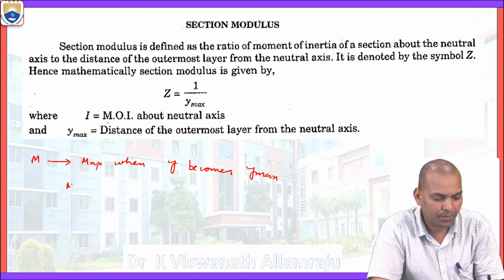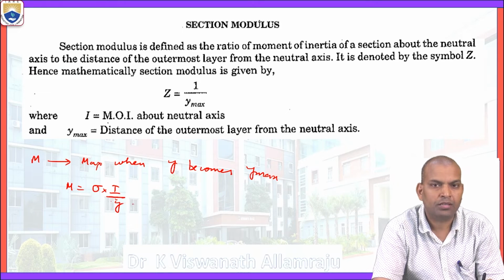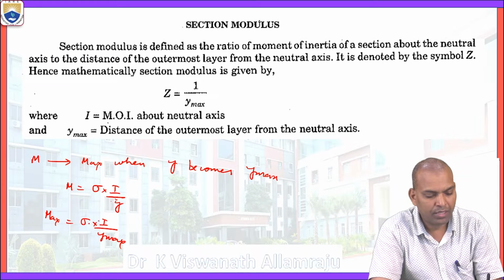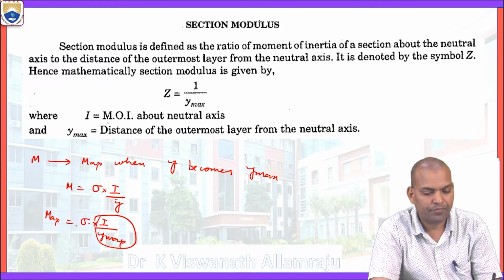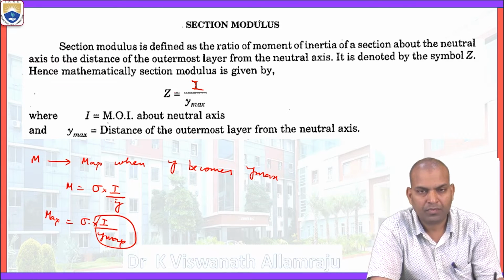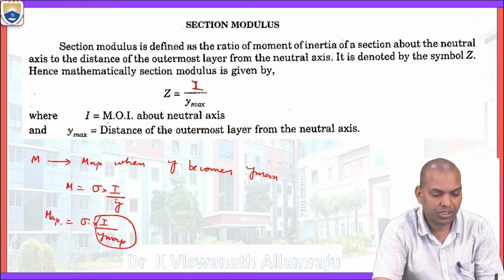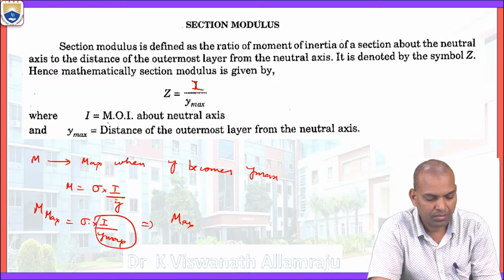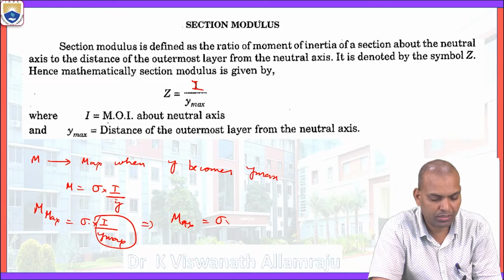So M maximum, the maximum bending moment, equals sigma times I by y maximum. I by y maximum is nothing but Z, that is called section modulus. So M maximum equals sigma times Z.